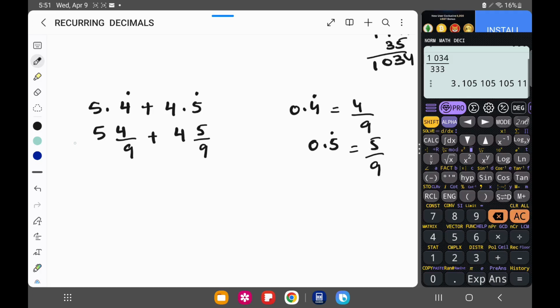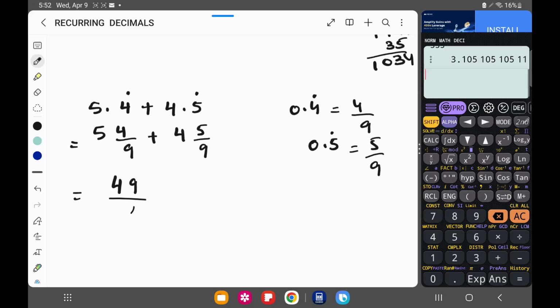Convert the mixed numbers into fractions: 9 5s are 45 plus 4 is 49 over 9, plus 9 times 4 is 36, plus 5 is 41 over 9. 49 and 41 make 90, 90 over 9 equals 10. This is the answer.